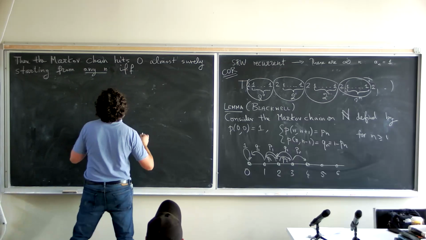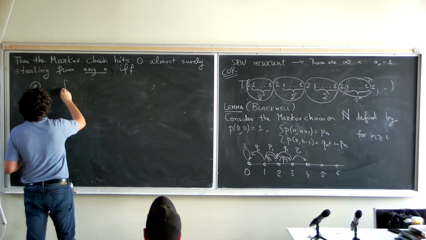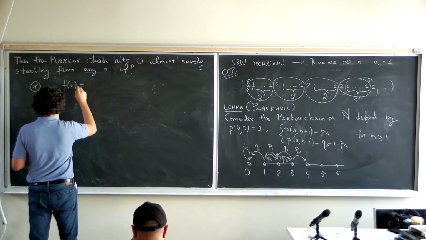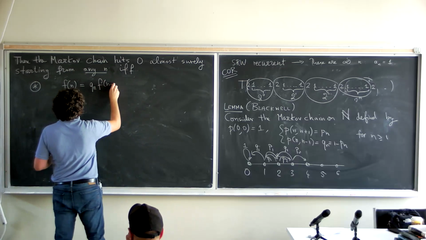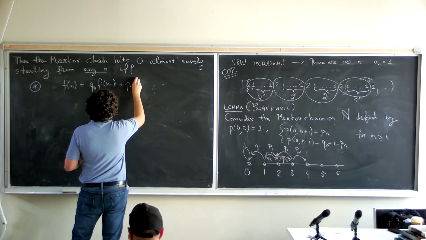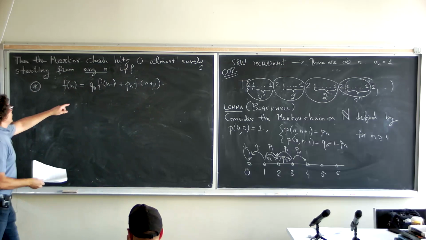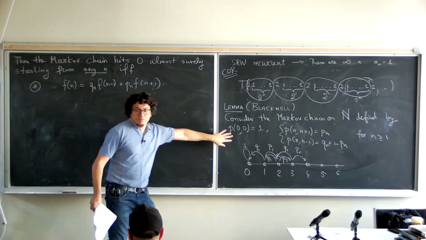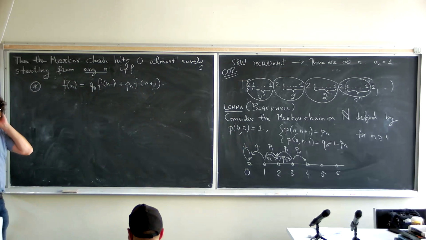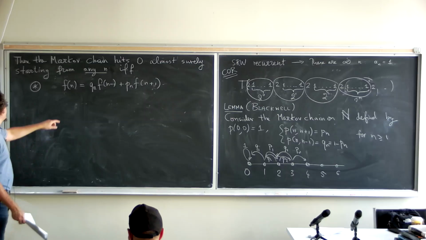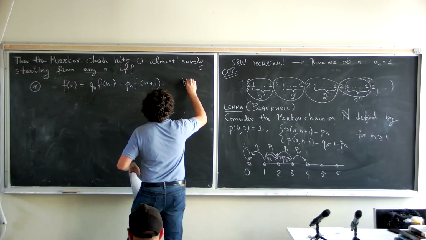So if you have the following equation: f of n equals Qn f of n minus 1 plus Pn f of n plus 1. So this is an equation. You're given the coefficients Qn's and Pn's from this model. And now you're asking for other solutions of this equation. So can we find some function f that satisfies this? This is for every n.